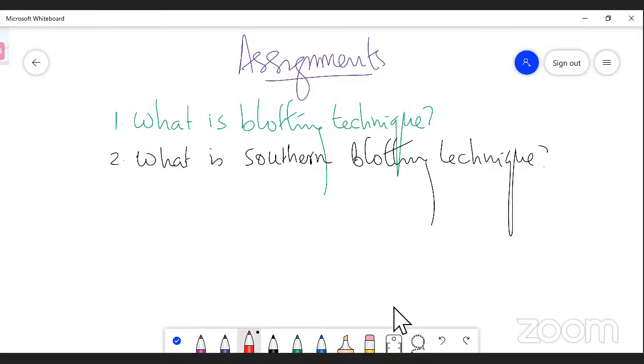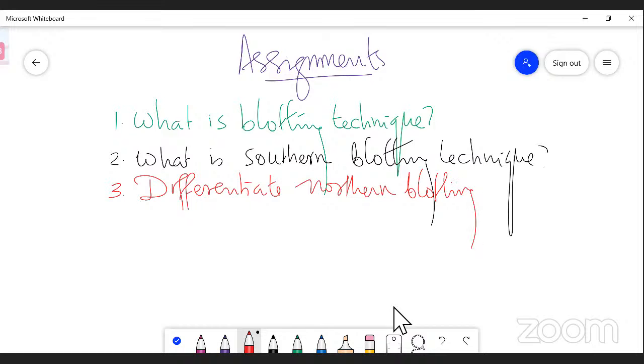Third one: compare or differentiate northern blotting from western blotting.